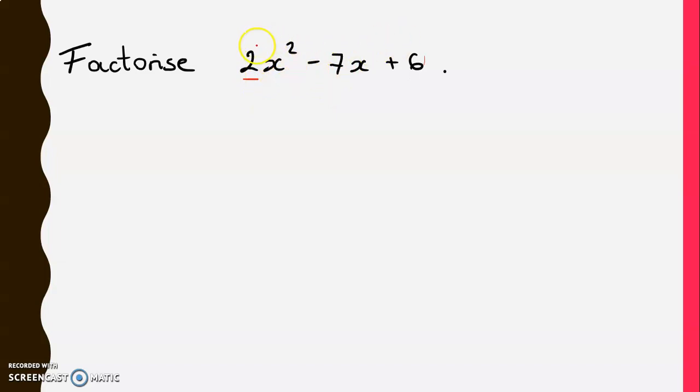However, when a is greater than 1 you can use a different method. First of all, you have to multiply a and c, so you find the product ac. Here ac is 2 times positive 6, which gives us 12. Now you're looking for two numbers that multiply together to give you 12, but when added they give you minus 7.